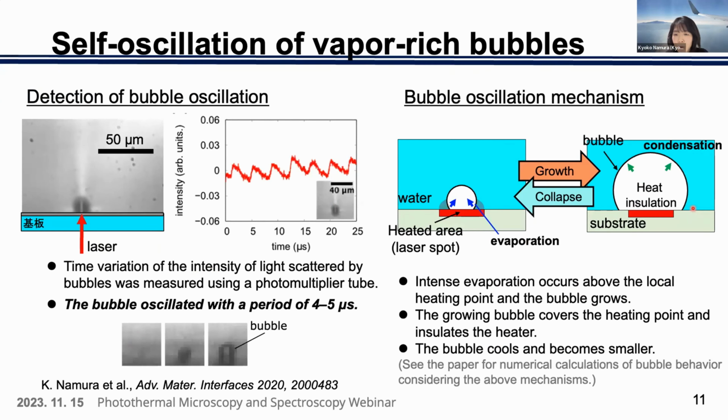So the bubble cools and becomes smaller. By repeating this cycle, the bubble oscillates. If you want to see some numerical calculation related to this bubble oscillation, please read this paper.